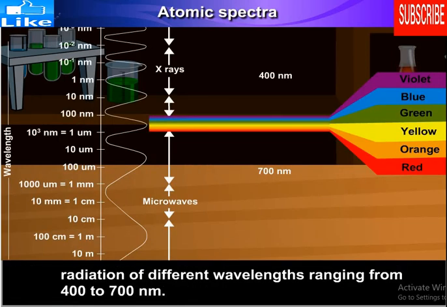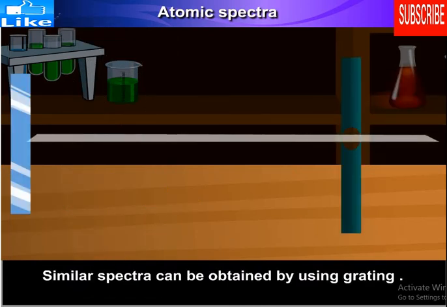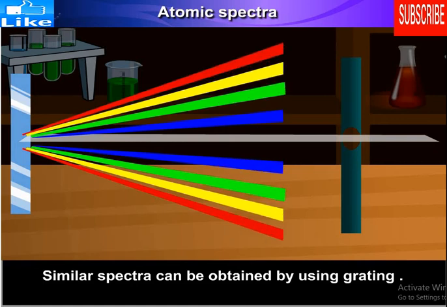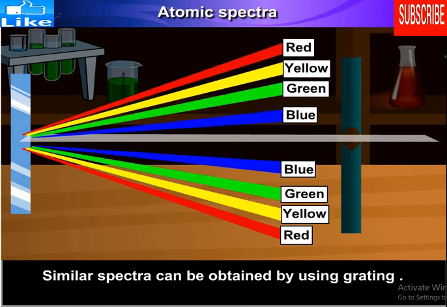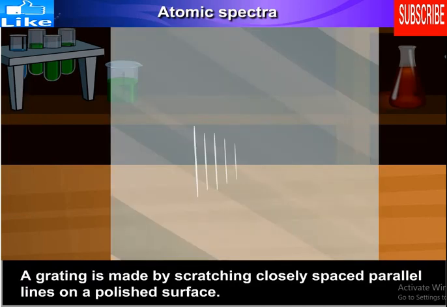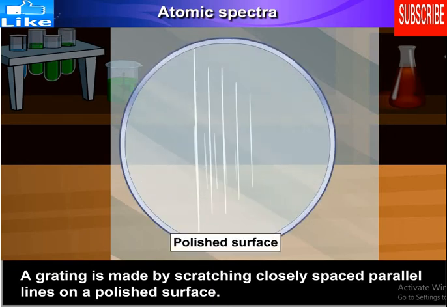Radiation of different wavelengths, ranging from 400 to 700 nanometer. Similar spectra can be obtained by using grating. A grating is made by scratching closely spaced parallel lines on a polished surface.